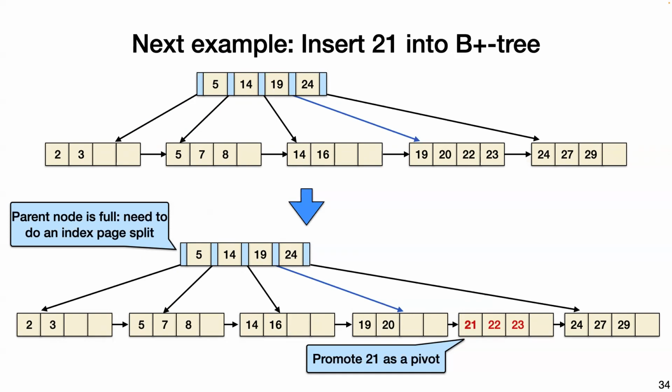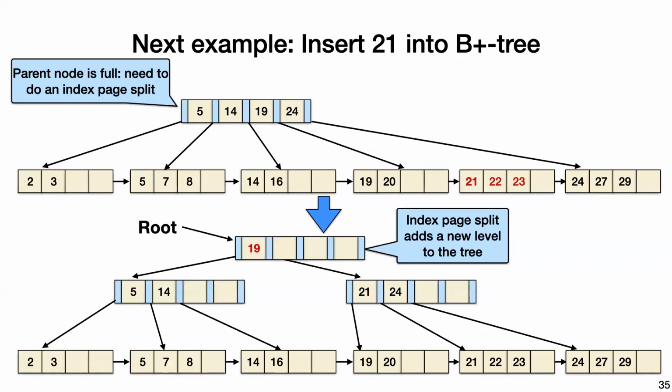We're gonna promote 21, but this thing also is full now. So we're gonna recursively go up the tree using the same procedure that we were doing for the leaves. So we, again, split this thing in half.